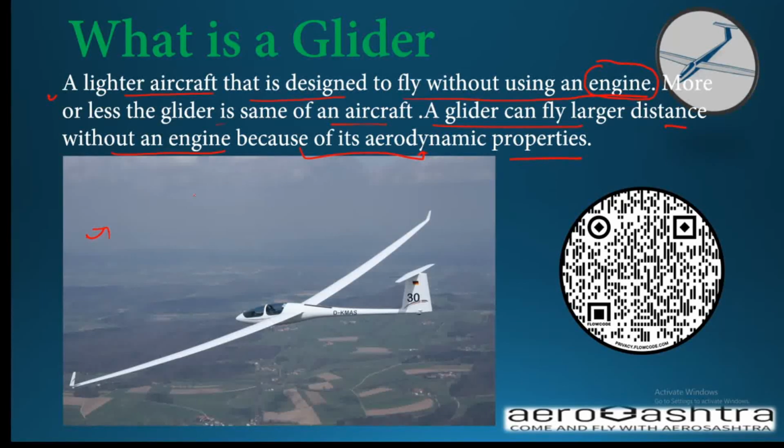At first sight, you can see it has a very large wing. This is nothing but the wing of the glider. It's a large wing, and a large wing means high lift.